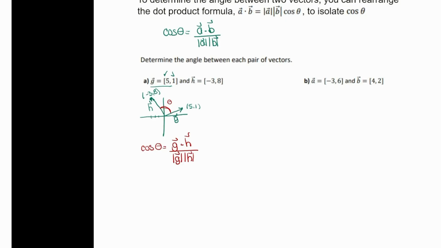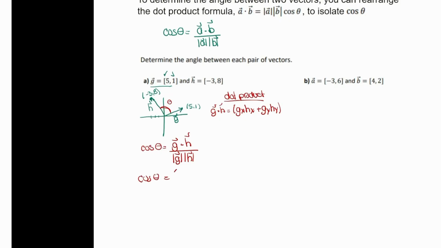Now, we know how to find all of these things. Just as a reminder, the dot product for algebraic vectors tells me that the dot product of any two vectors, in this case G dot H, will just be equal to the x component of vector G times the x component of vector H, plus the y component of vector G times the y component of vector H. So we can go ahead and put that in on the top.